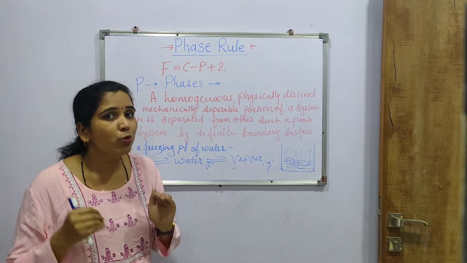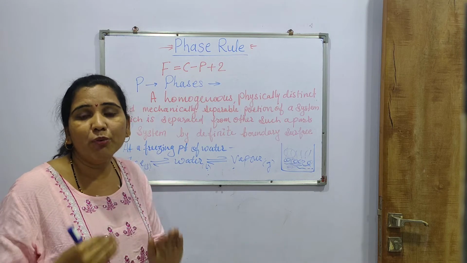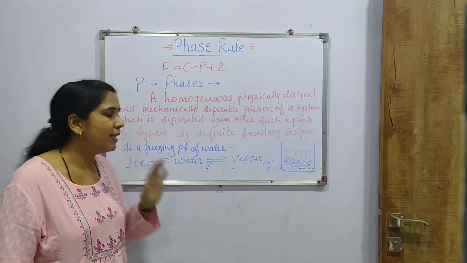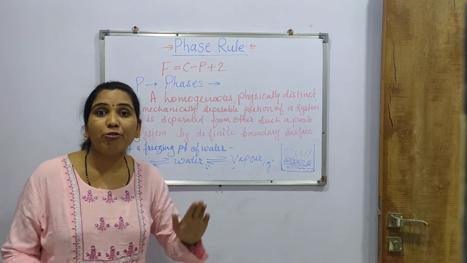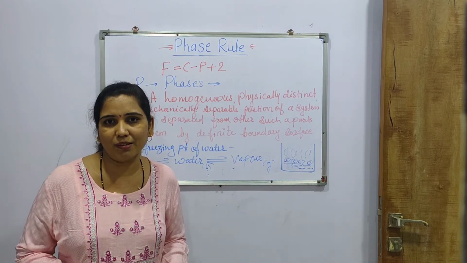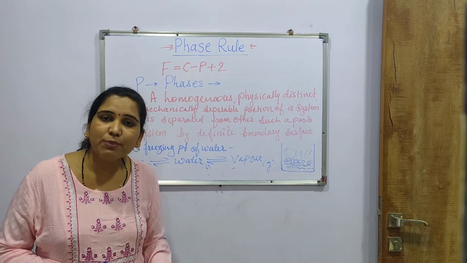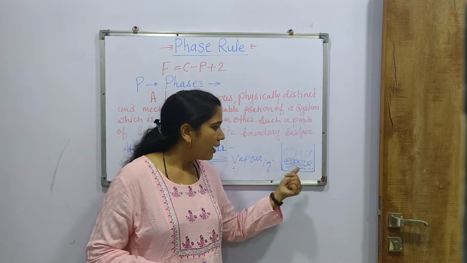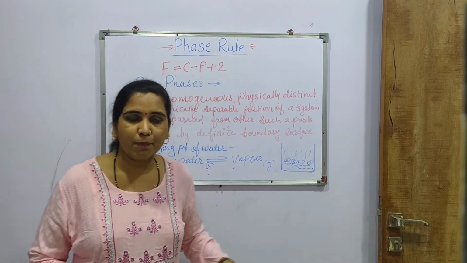So you might have understood what a phase is, but let me give you one example by which you will come to know clearly what a phase is. At the freezing point of water, in a freezer, generally all three phases are seen: solid, liquid and gas. You can see here a jar in which liquid, solid and gas, all three phases, are present.